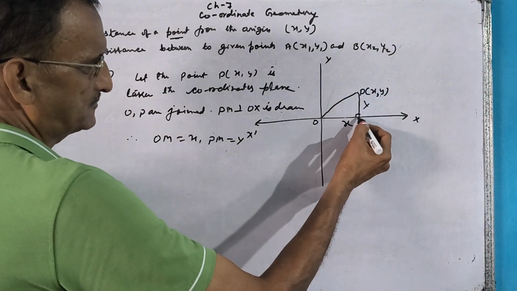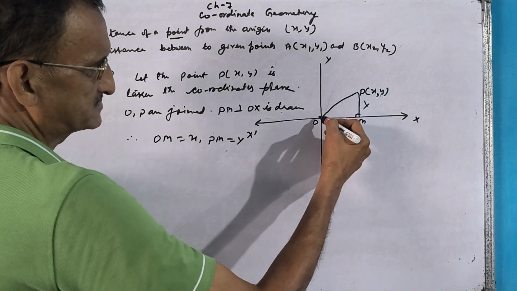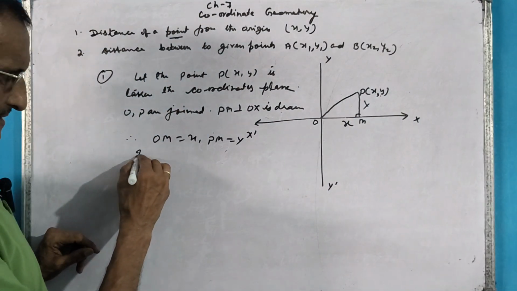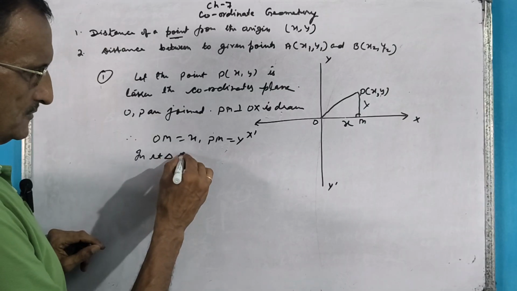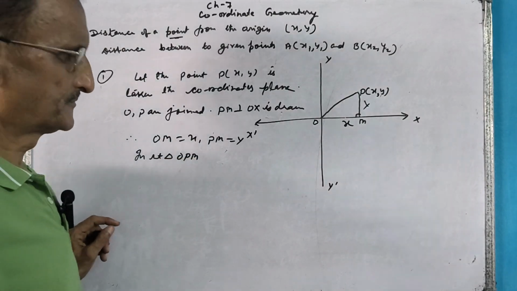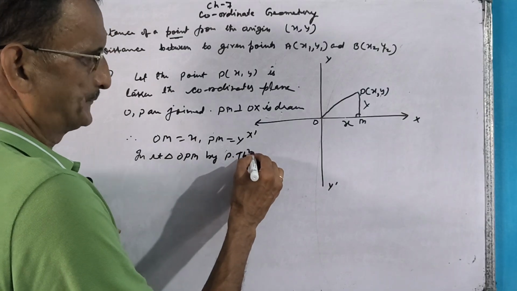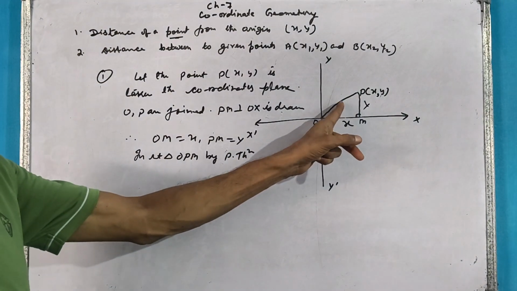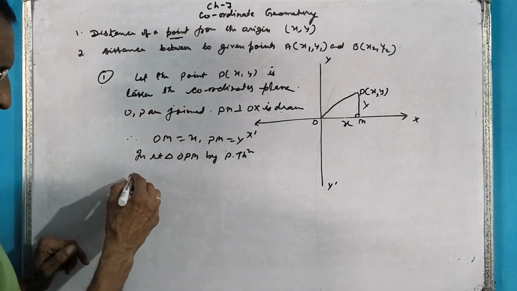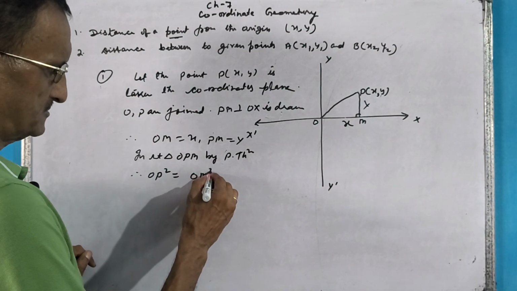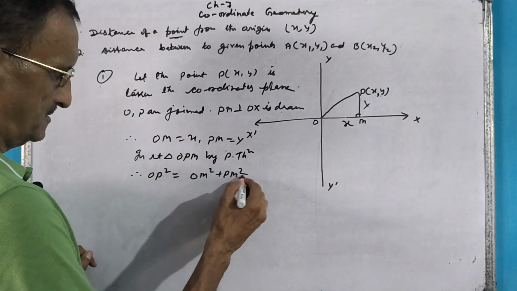Since this is perpendicular, 90 degrees, OPM is a right triangle. So in right triangle OPM, by Pythagoras theorem, what do we get? OP square equals OM square plus PM square.